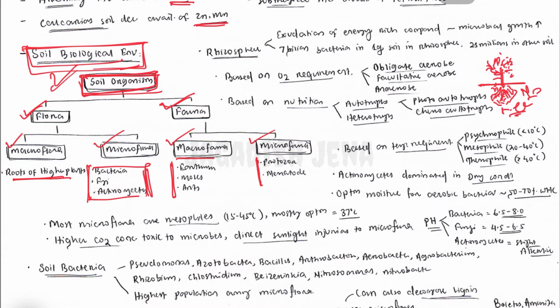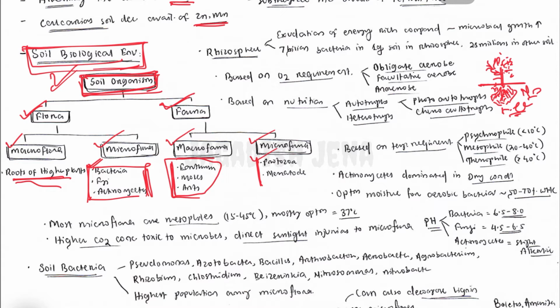Basically these four examples: roots of higher plants come under macroflora; earthworms, moles, and ants come under macrofauna; bacteria, fungi, and actinomycetes come under microflora; and protozoa and nematodes come under microfauna, right?